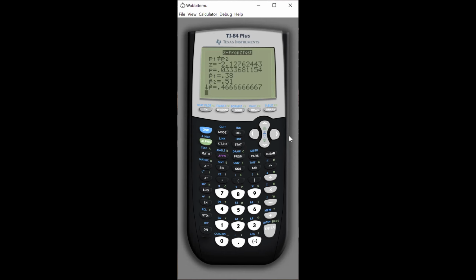We got the p-value and we got the test statistic, so I'm going to go back to the notes and we'll finish this problem off.